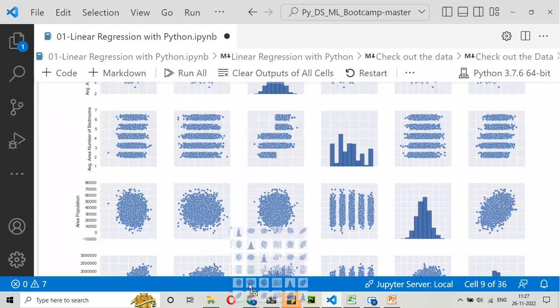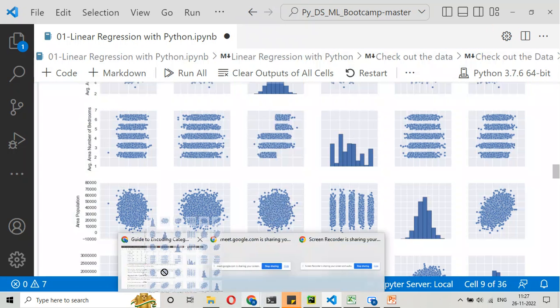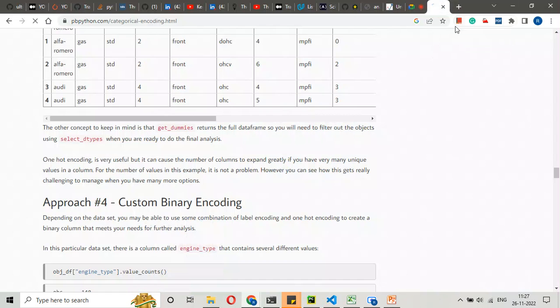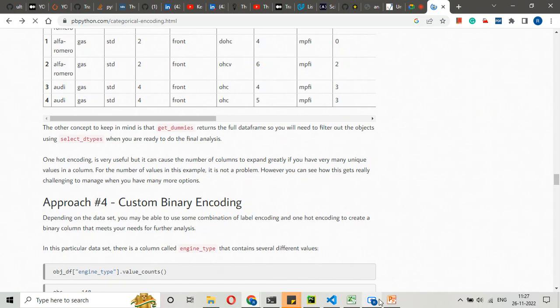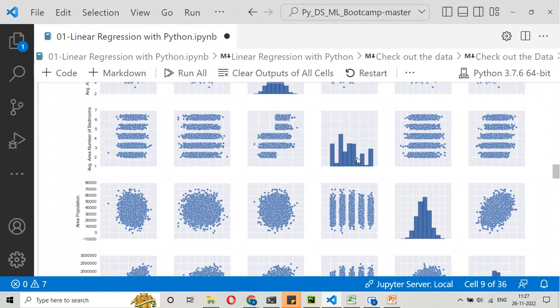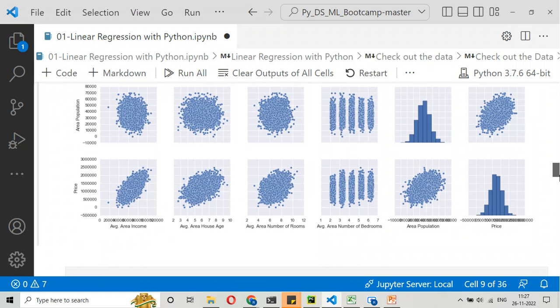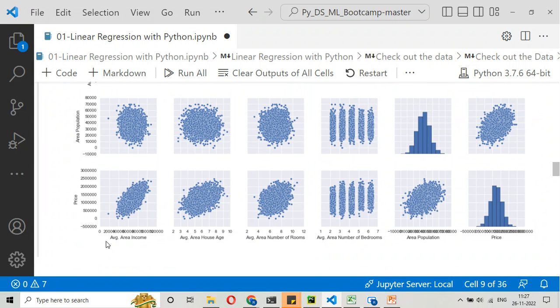So we can see here that average income, average house age, and average number of rooms are actually increasing the price, and also the average area of the population.